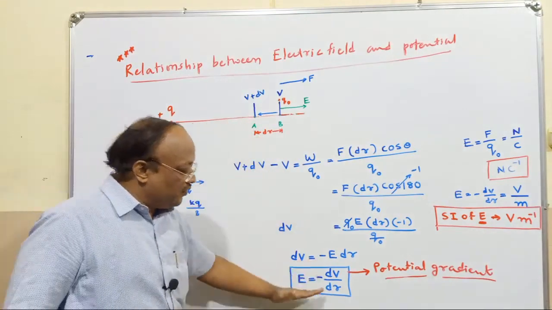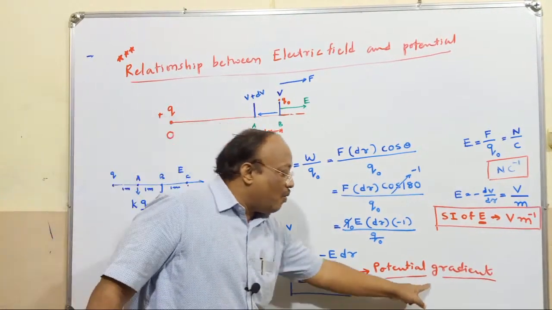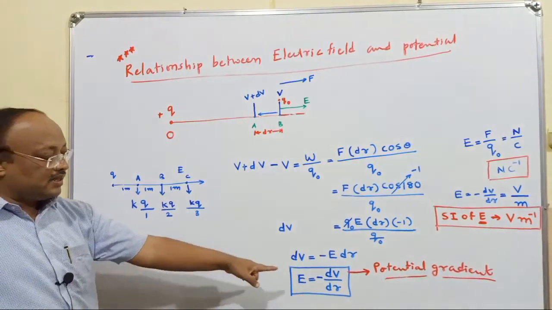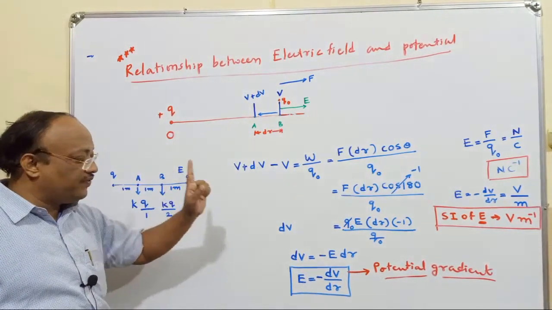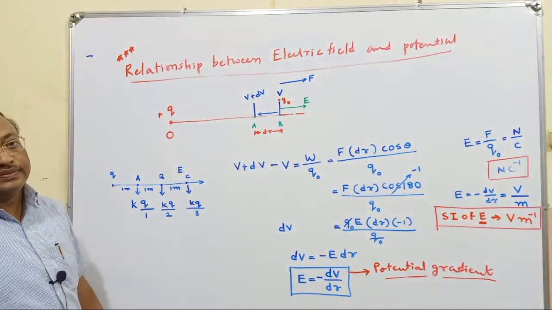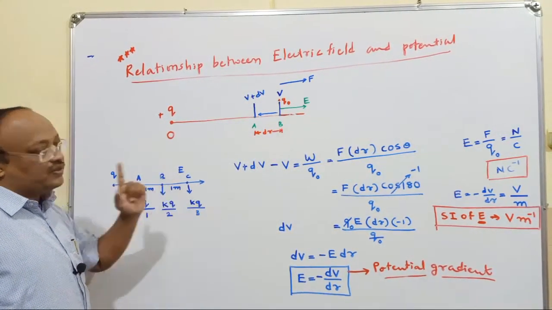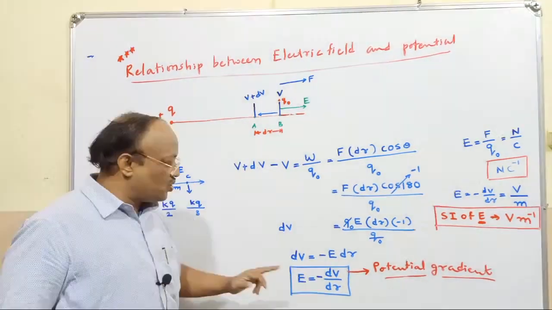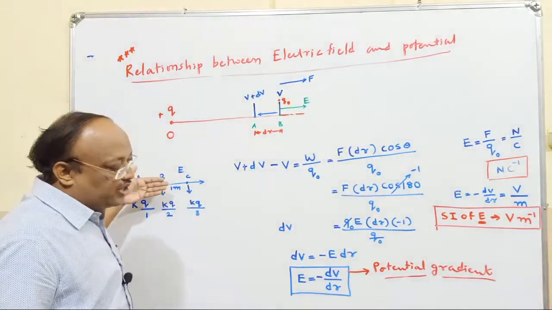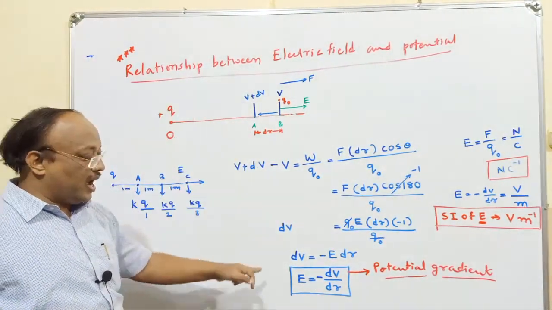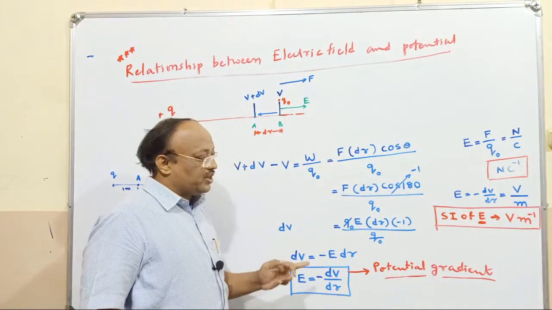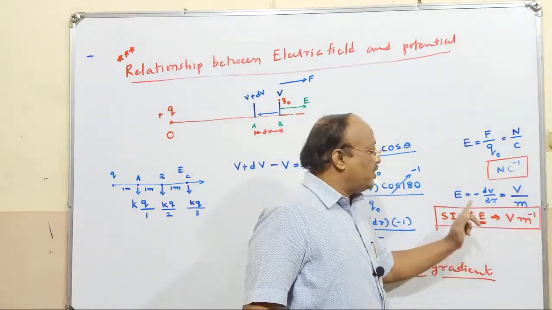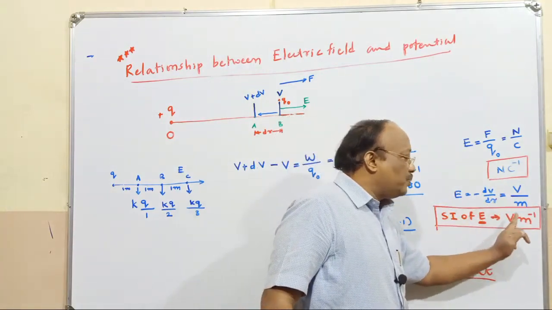And we have come to know what the potential gradient is. The significance of the negative sign is also very important: in the direction of the electric field, potential goes on decreasing. And based on this expression, we came to know the other SI unit of electric field, that is volt per meter.